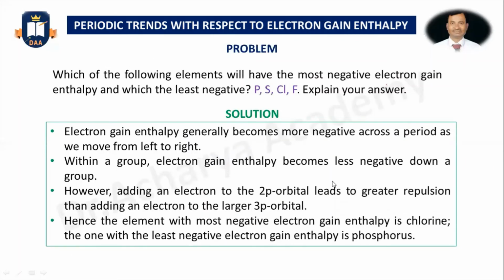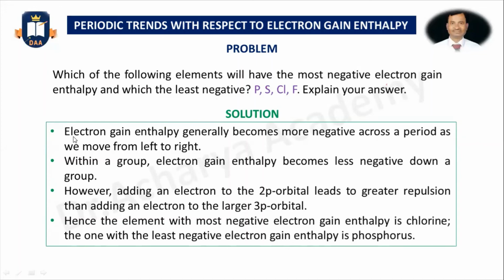Now let's discuss one problem. Which of the following elements, phosphorus, sulfur, chlorine and fluorine, will have the most negative electron gain enthalpy and which the least negative? We have to explain also, we have to justify the answer.